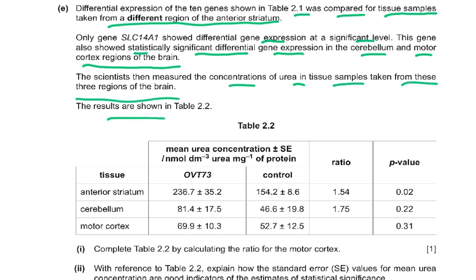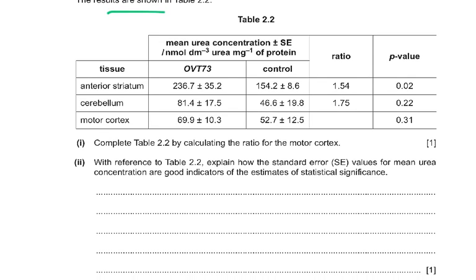The results are shown in table 2.2. So there's a very complicated table 2.2 in which we have the mean urea concentration and the standard error in nanomoles dm cube urea per milligram of protein, and then we have the ratio, and then the probability values 0.02, 0.22, 0.31.